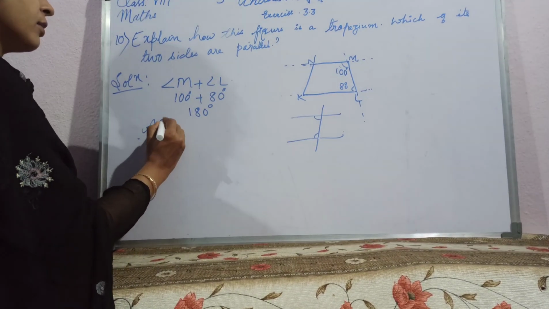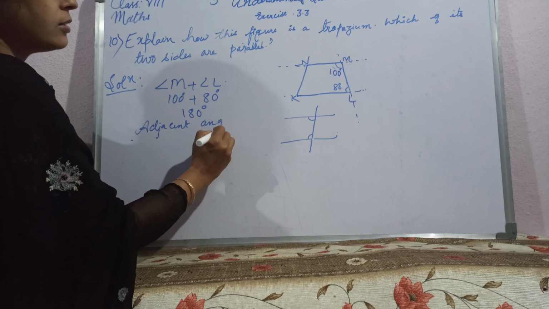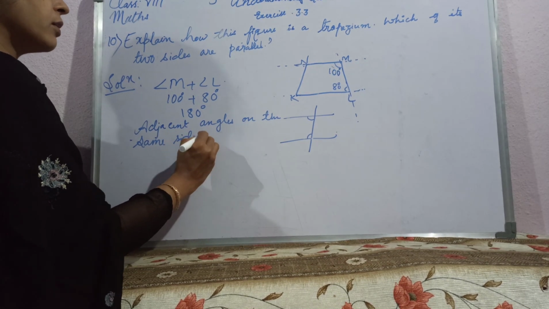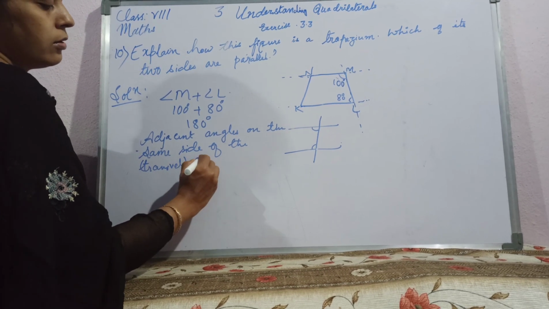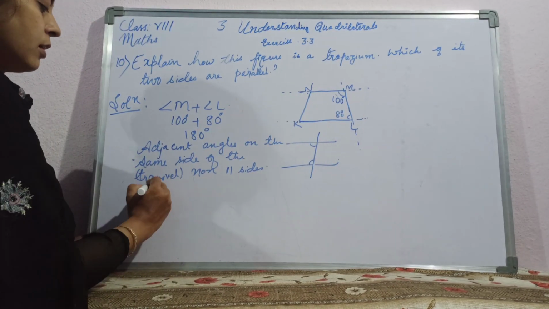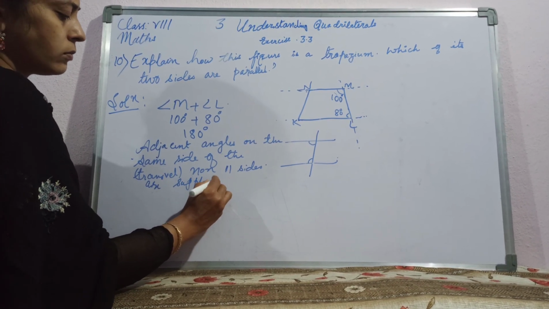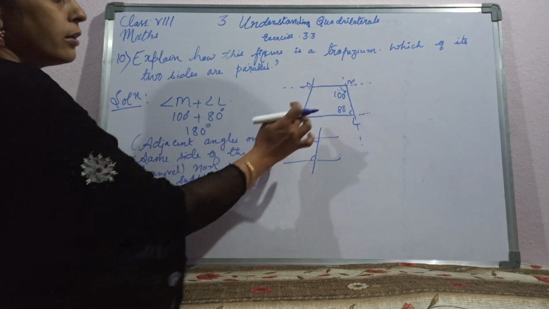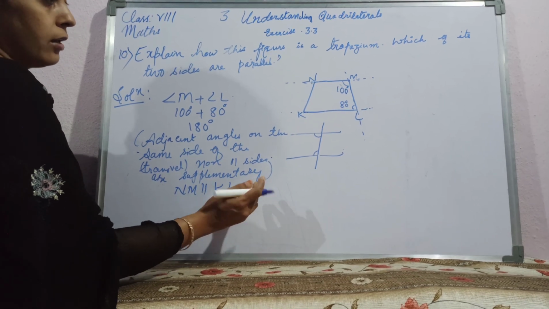Therefore, because adjacent angles on the same side of the transversal or non-parallel sides are supplementary, on this basis we can say that MN, or NM, is parallel to KL.